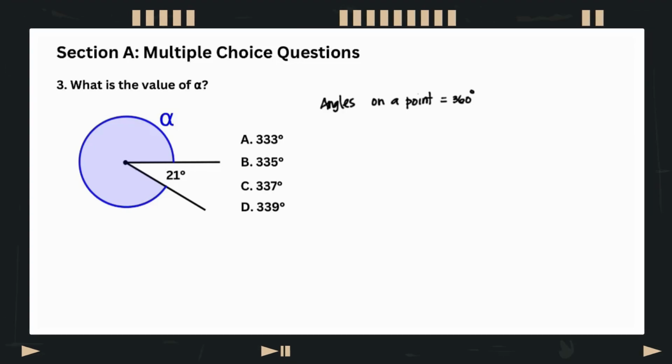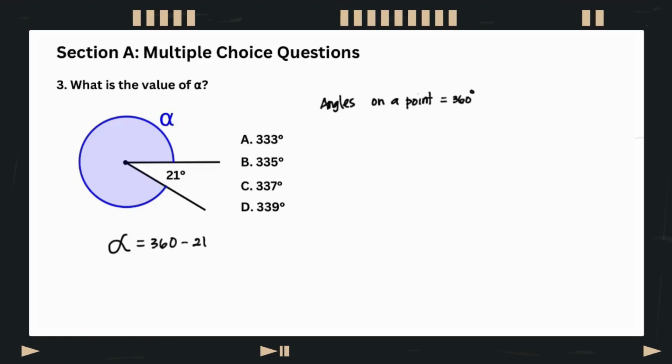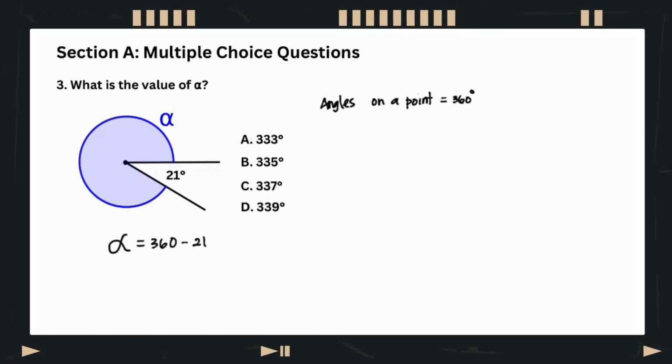So alpha is equal to 360 minus 21. If we subtract that, we'll get 339. Hence, the answer is D.